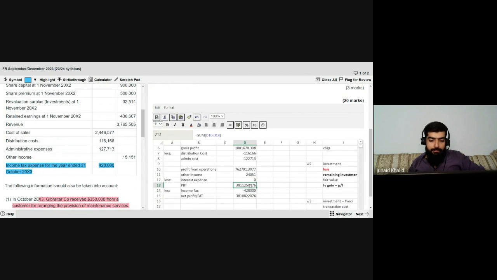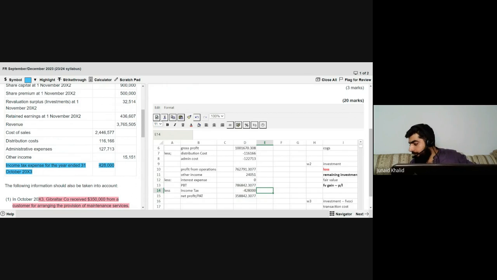So the profit before tax would be 786,842, and then we deducted the income tax, so we have a profit of 358842.